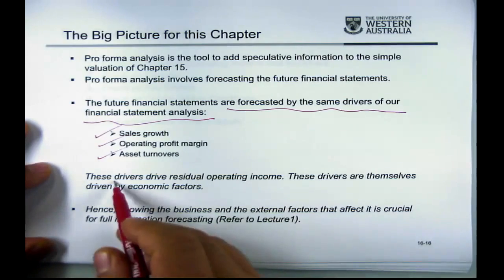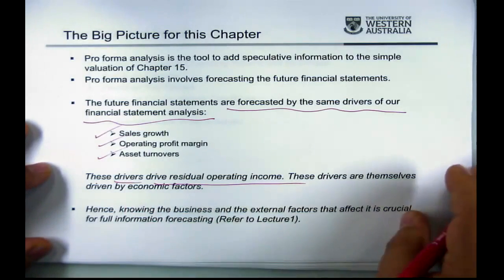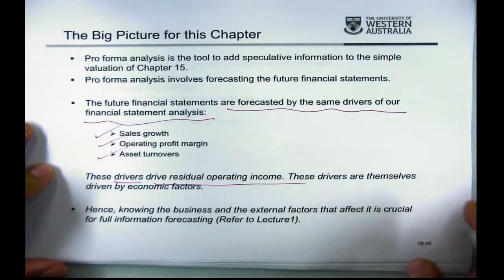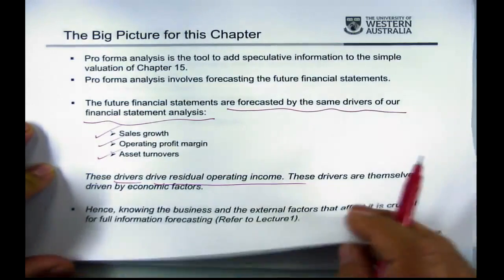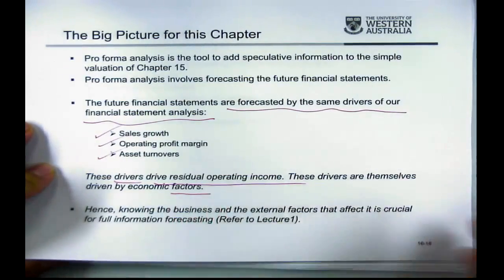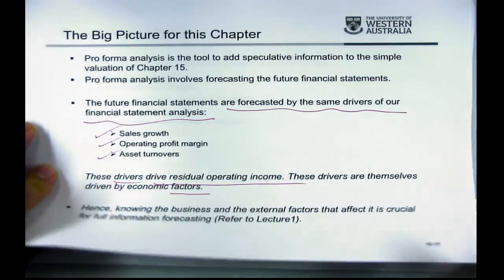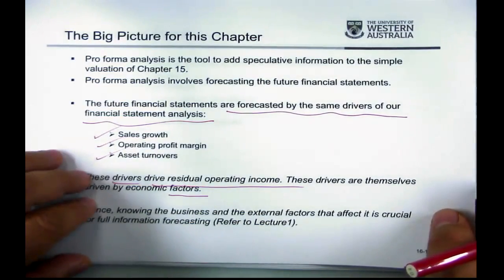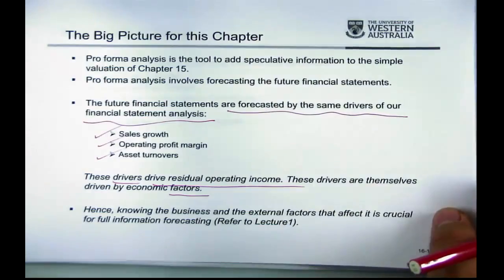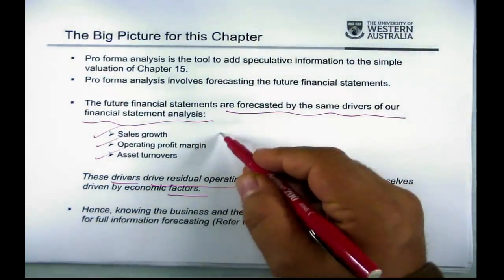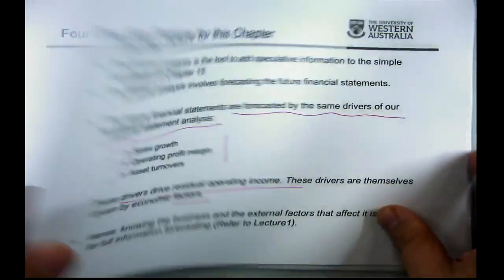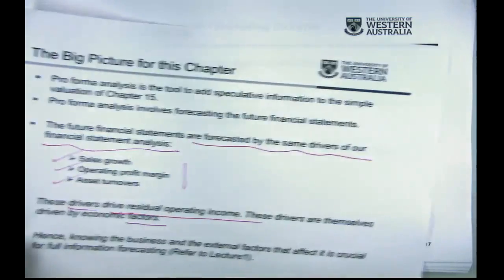Remember that these drivers drive the residual operating income, and these drivers also themselves are driven by economic factors. So you need to understand the business and the economic factors that affect your business in order to be able to calculate the correct drivers and use them in the valuation.